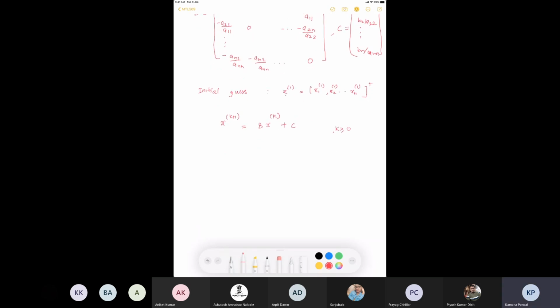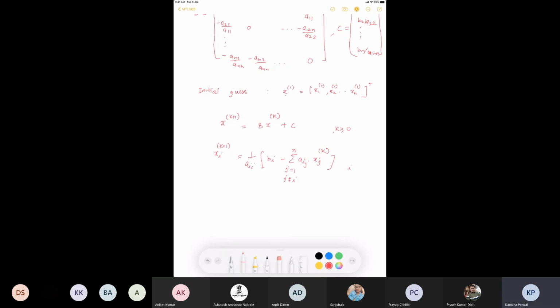Or, if I want to write it in the component form, the ith component of this (k+1)th iterate is obtained by simplifying the multiplication Bx plus c. This is going to be bi minus the summation of aij xj from the kth iterate, where j ranges from 1 to n and j is not equal to i, and everything divided by aii.